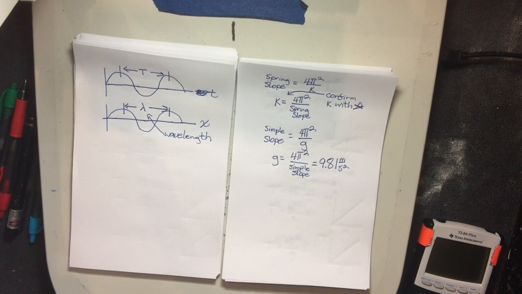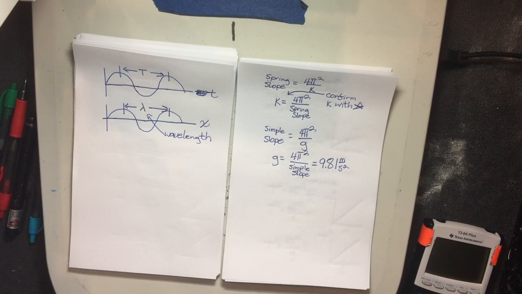Wavelength is the distance physically from one peak to the next. So if you've got a peak here and another peak 5 meters away, the wavelength is 5 meters.